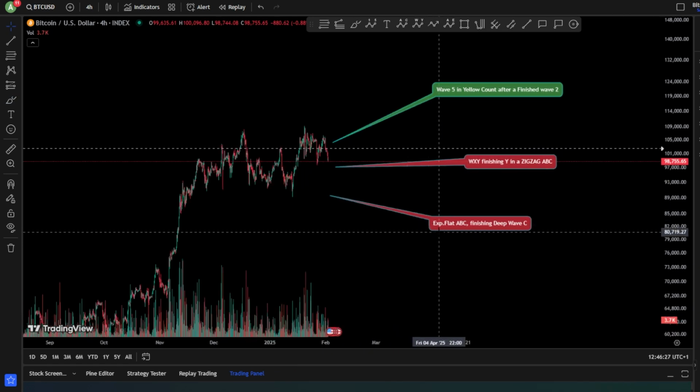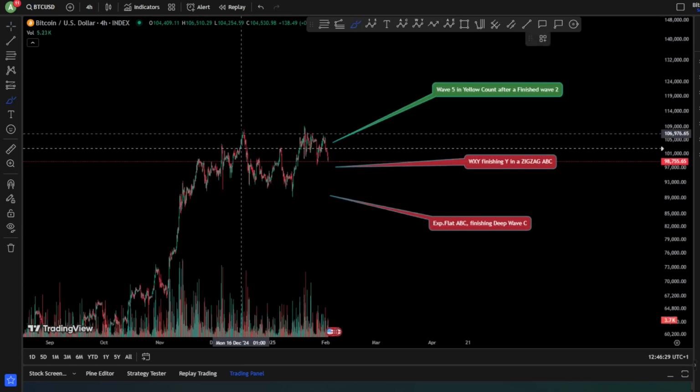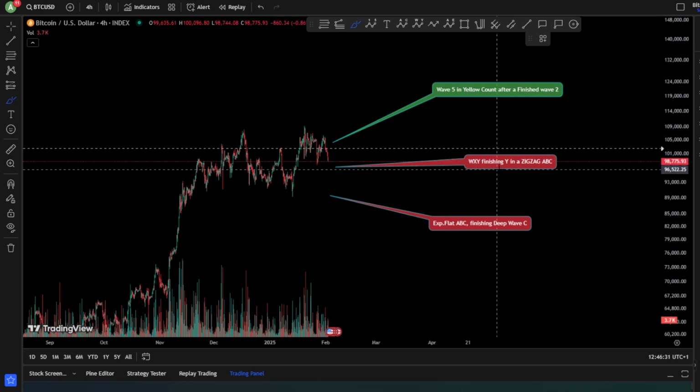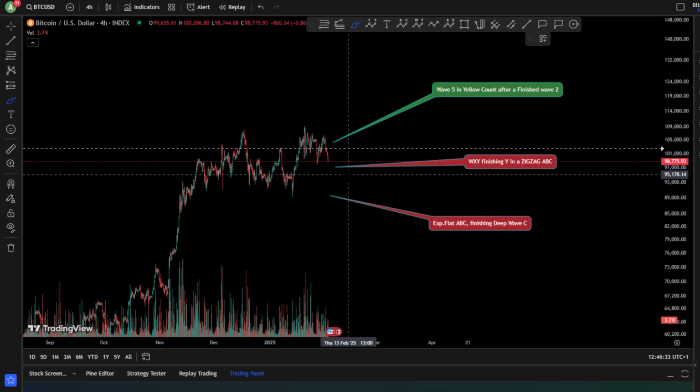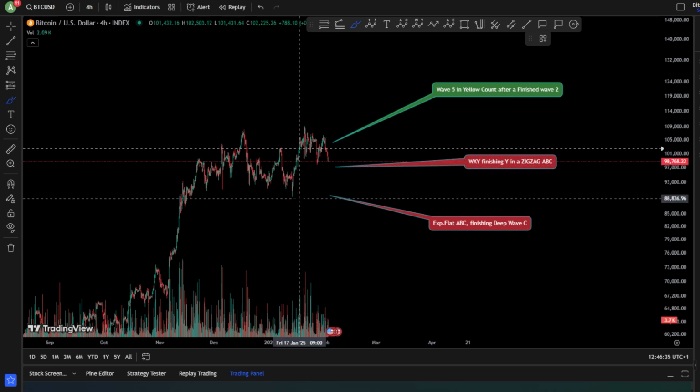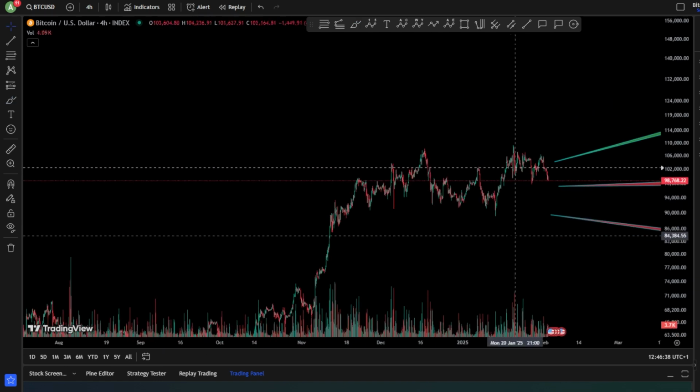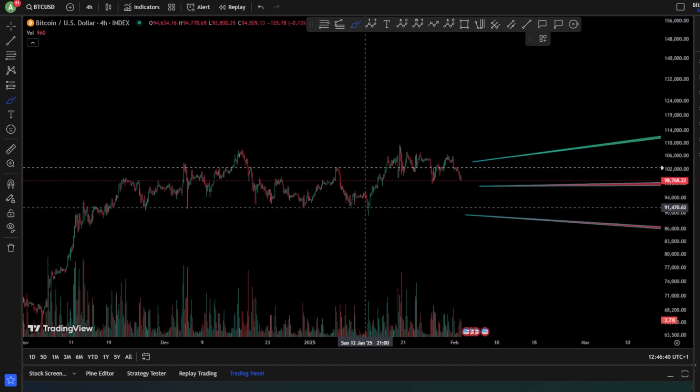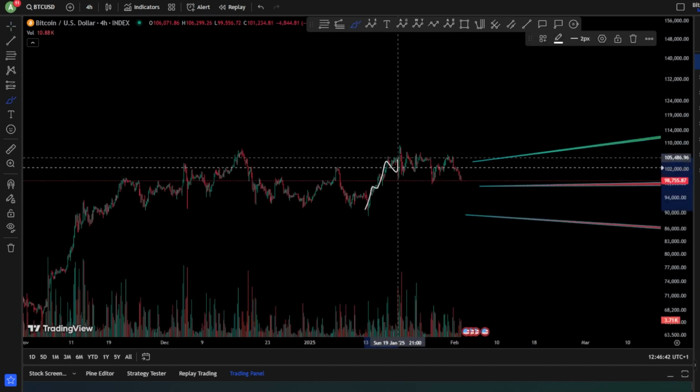this wave 2 to be finished, is that we might have a WXY finishing a wave Y in a zigzag, A, B, and a C. And that means WXY is this small after this impulse 1, 2, 3, 4, and a 5.